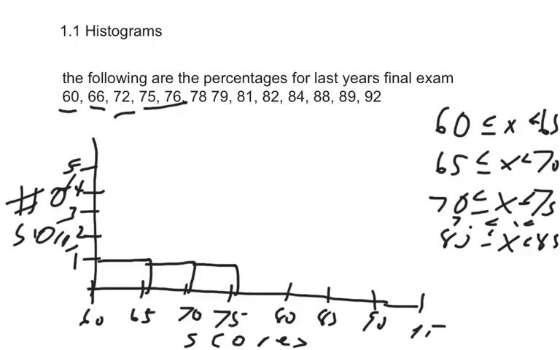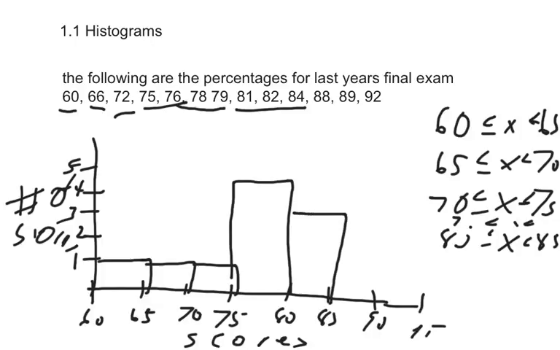So 75 and 76 and 78 and 79 all go in here. Number 4. 81 and 82 and 84 go together at 3. 88 and 89, 72, and 1. And so that's our histogram.